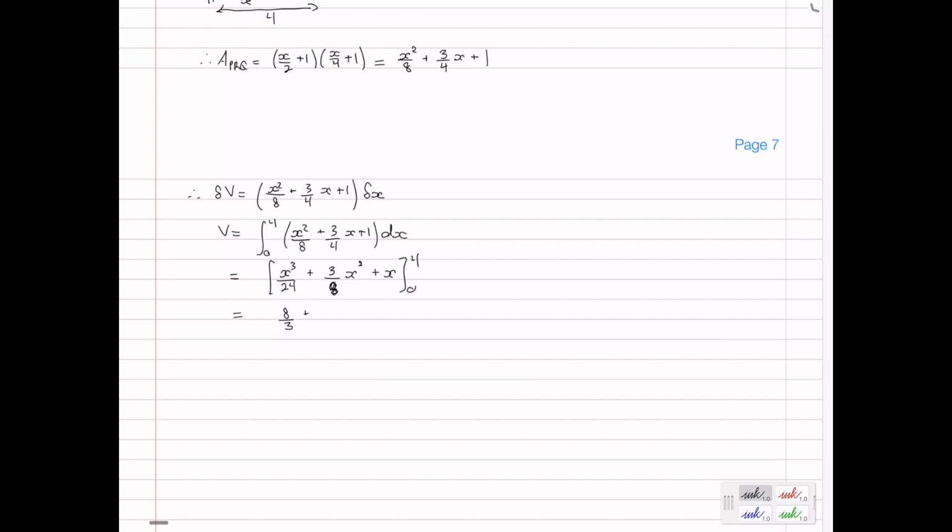Here I'll have 3 times 16 divided by 8, so 3 times 2, which is 6, and here I'll have 4. And when I sub in 0, I'll be left with just 0, so that'll be minus 0. And so this adds up to 10 plus 8 on 3, which is 38 on 3 units cubed. And that is our volume.